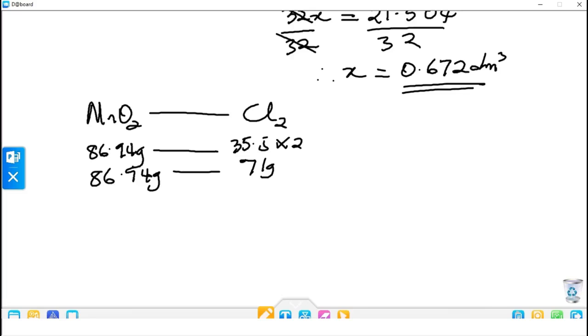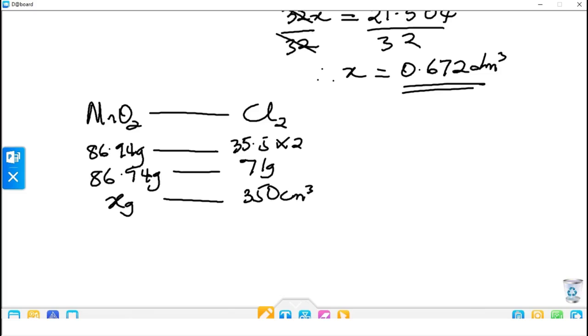Now the question says, what mass of MnO2 do we need to produce 350 cm³ of chlorine gas? So can you see that? What mass, in grams, of MnO2 are we going to need to produce 350 cm³ of chlorine gas?